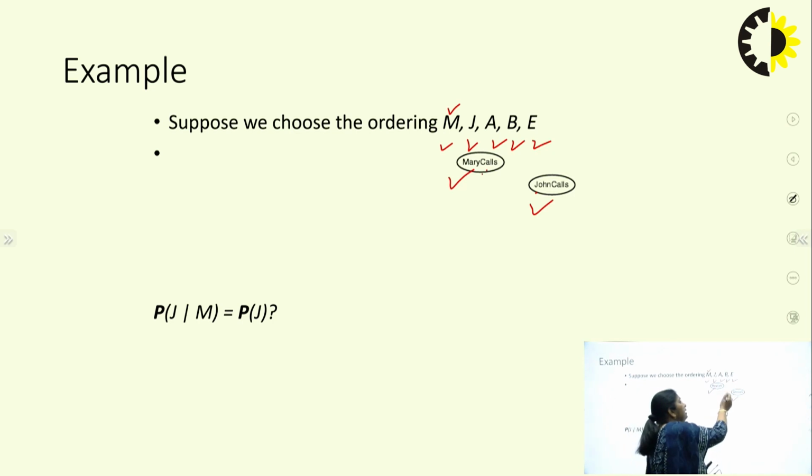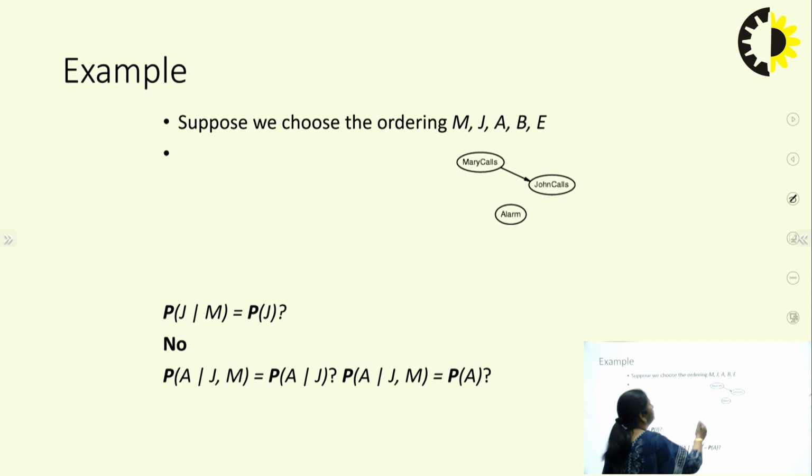Now will it be connected? Both are calling because of the alarm, but can you ignore this connection? We cannot ignore this connection, because when Mary calls, it means the alarm was there. Mary may miss the alarm but never calls when the alarm is not there. So we cannot ignore this connection.